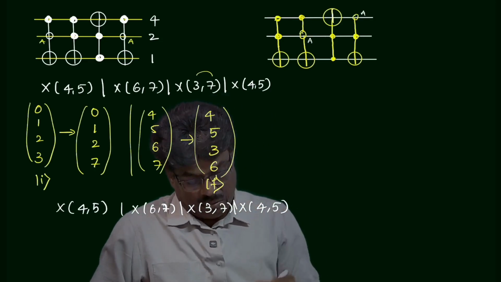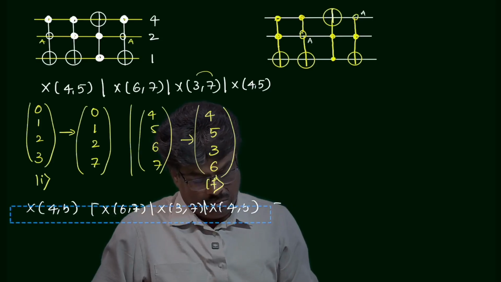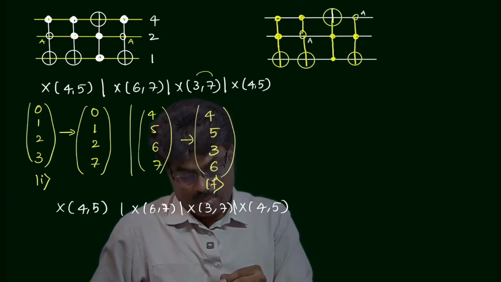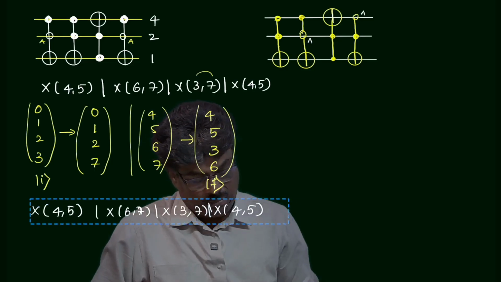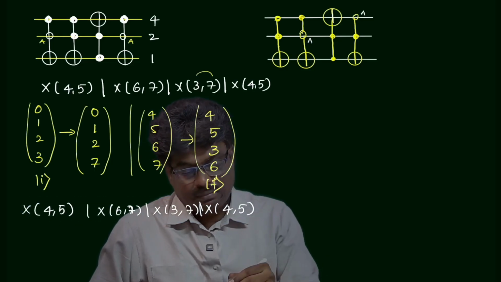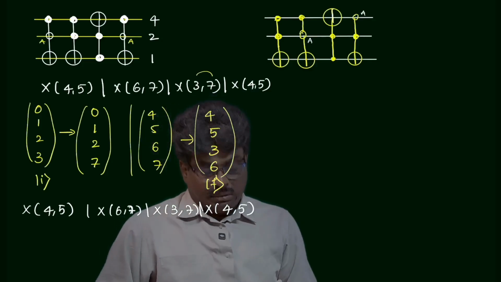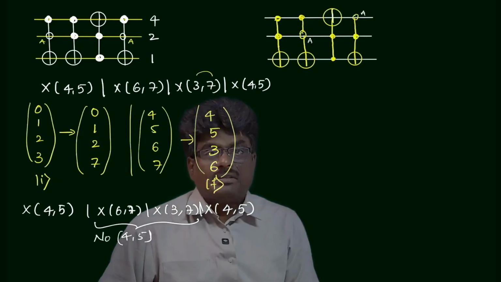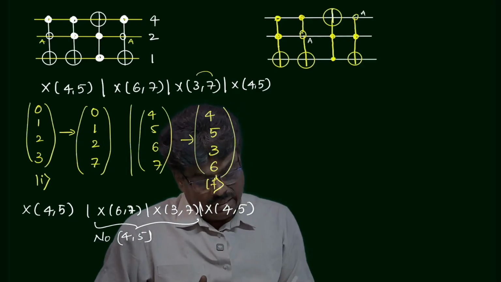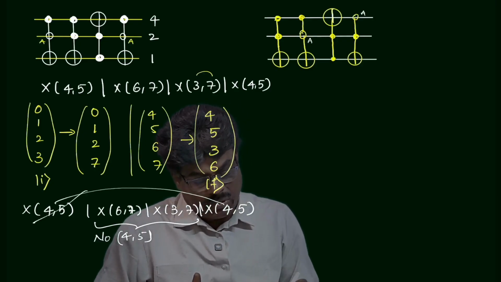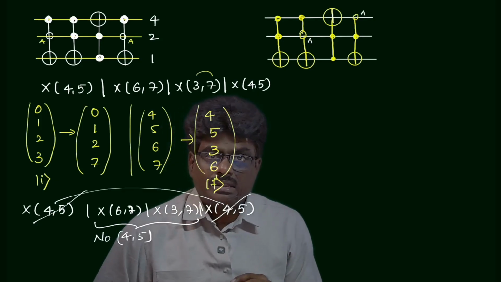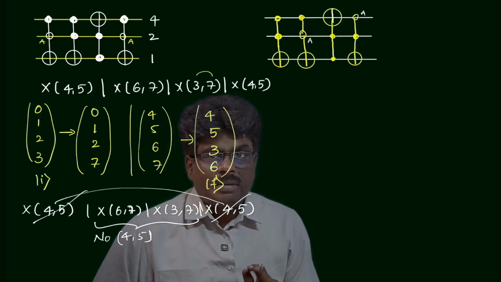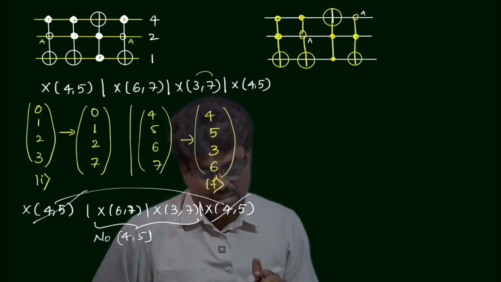Now this does not contain any 4 comma 5. So you can bring this side by side, x 4 comma 5, x 4 comma 5 cancel, that is I. So the only remaining are 6 7 and 3 7.